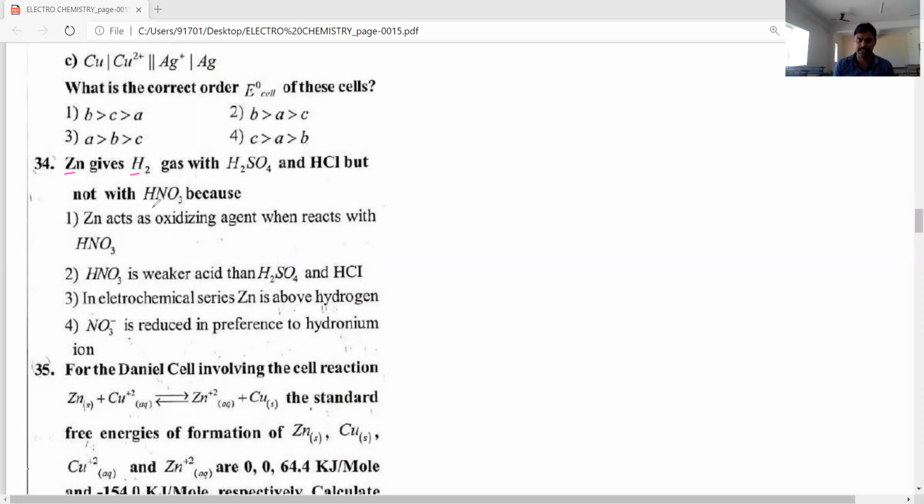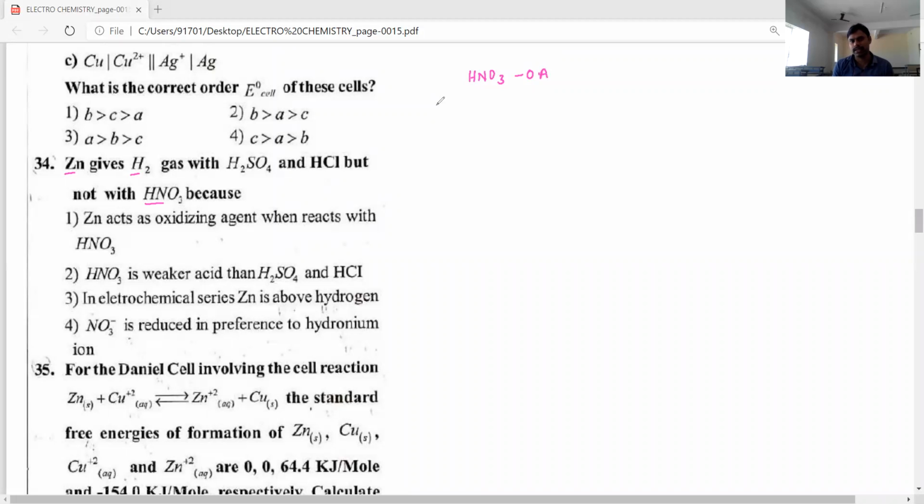But zinc reacts with HNO3, nitric acid, and does not produce hydrogen gas. Why? Already we know that HNO3 is a strong oxidizing agent.